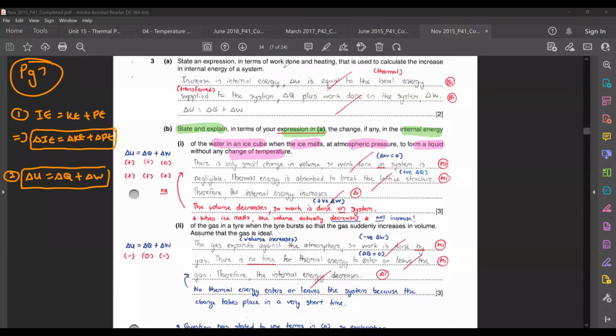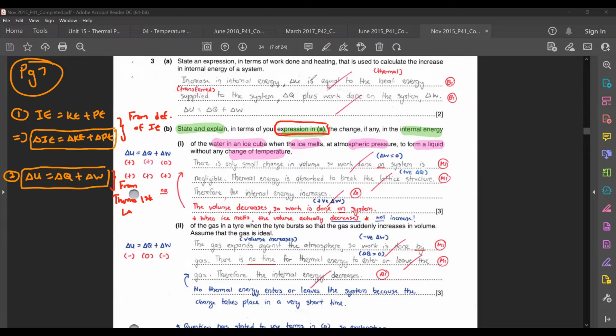The first one is from the definition of internal energy. The second one is from the thermodynamic first law.